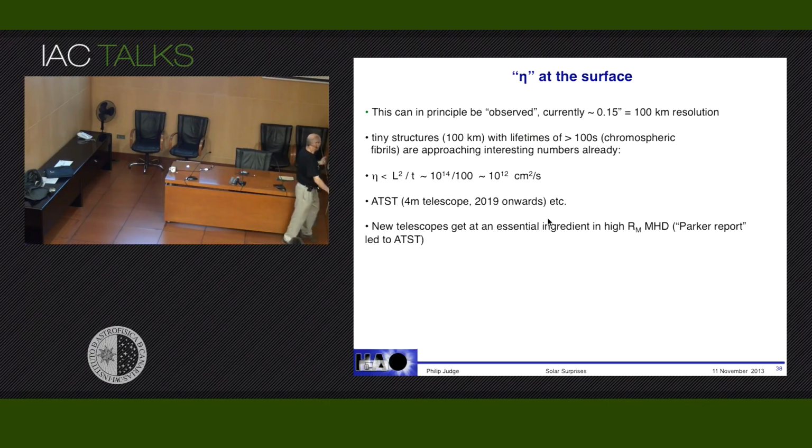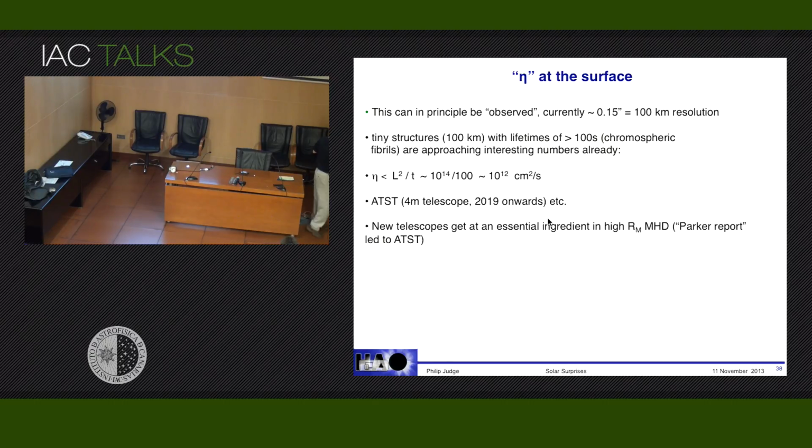Okay, so now let's look at these things. If we have a lifetime of, say, 10 to the 2 seconds, and we have something that is 0.1 megameters across, which is about the resolution that we have, I can work out that L squared over T is on the order of, let's say, this is 10 to the 4.